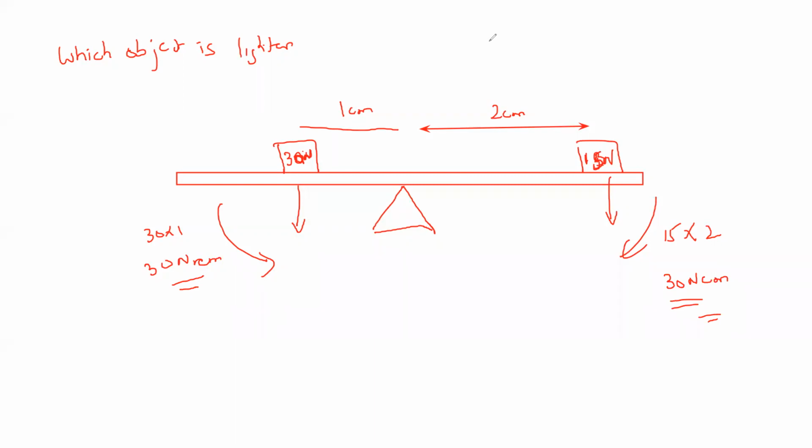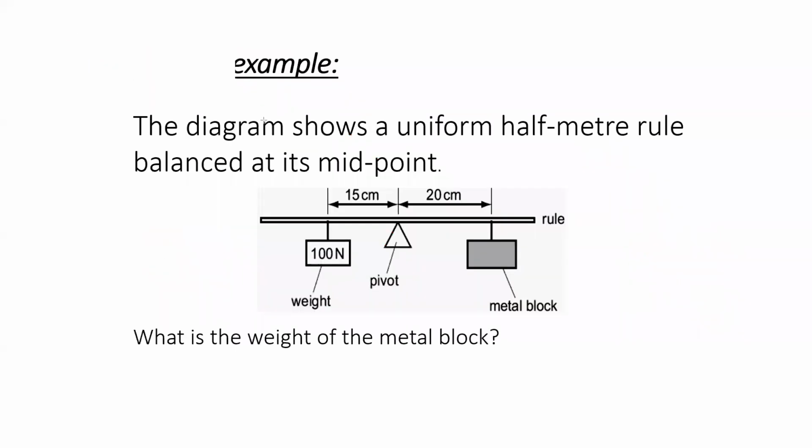Another example: if you have a beam and here's a pivot, you place two objects, A and B. Can you identify which object is heavy?